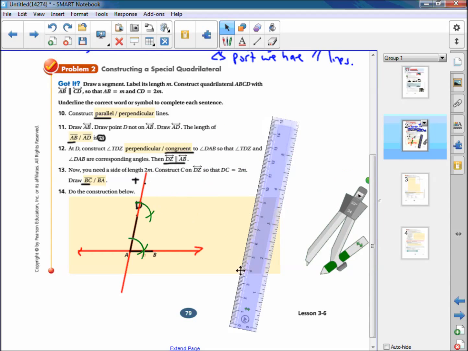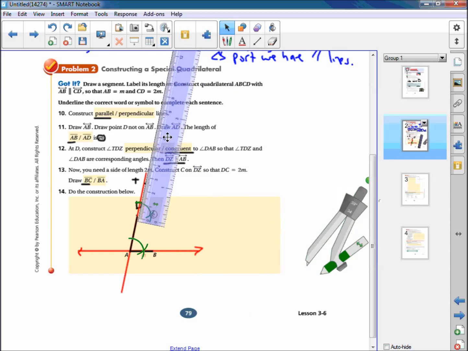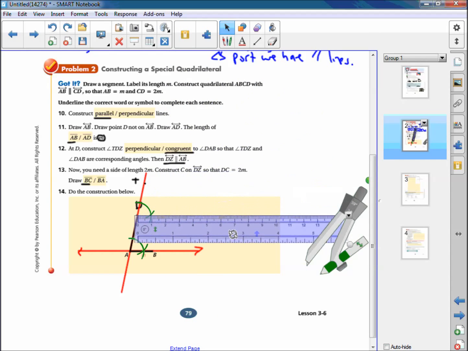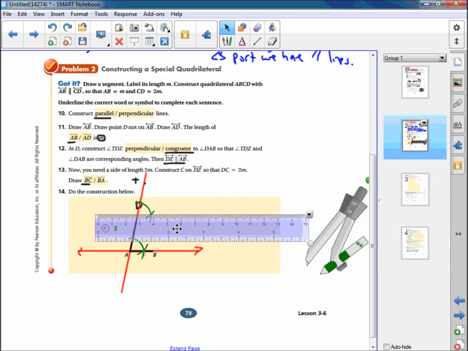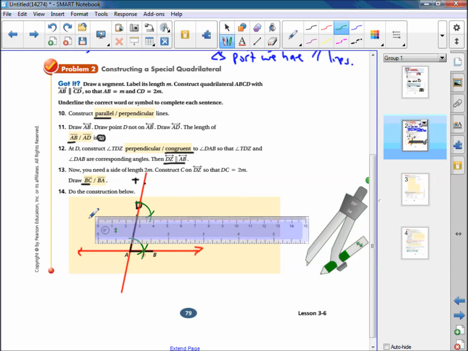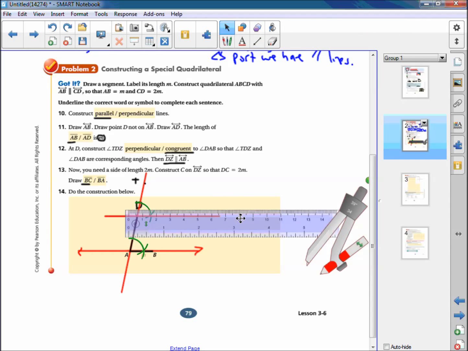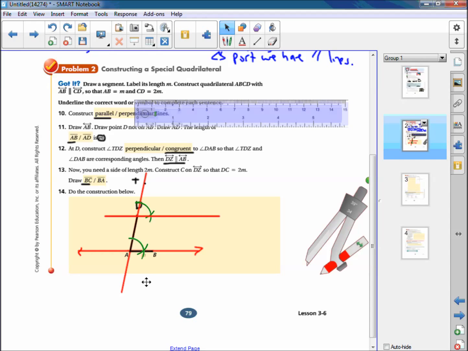Now I can take my straight edge one more time. I'll put the corner on D, and where these two cross, I'll put the other one. Now I can make my straight edge through here. I'm going to make this whole line red, and then I'm going to come back in a second and make part of that line black based upon how far it needs to go.